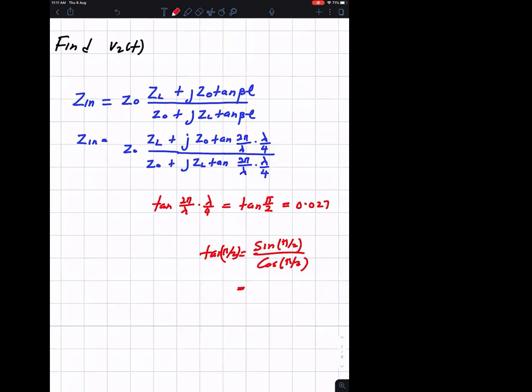Sine 90 degrees, I thought, is 1, right? Maybe I pull up the trig table to show you. Pi over 2 is 90 degrees. So sine 90 is equal to 1. Then 1 over cosine pi over 2.